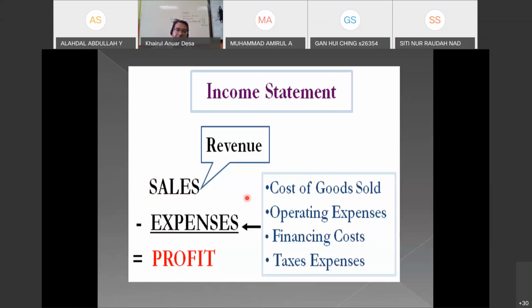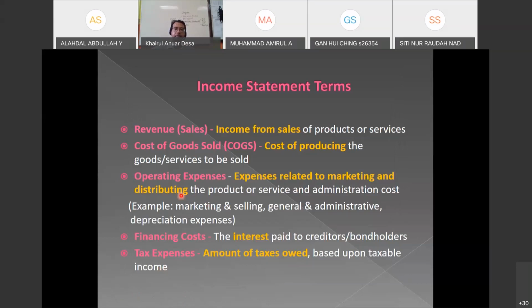But if the sales are less than expenses, here should be loss. So what are the examples of the expenses here? Cost of goods sold, the operational expenses, the financing costs, and all the tax expenses. This is all the costs here. Okay, all the expenses here. Okay, kita pergi cepat sikit ya sini.